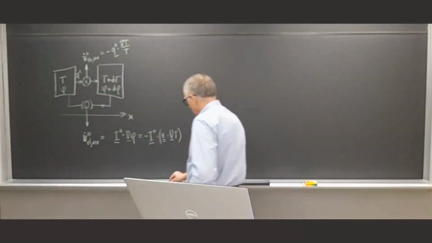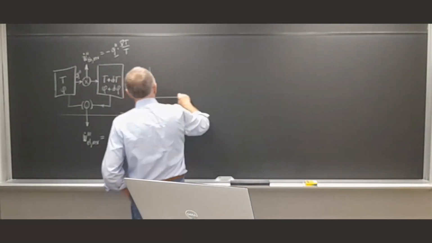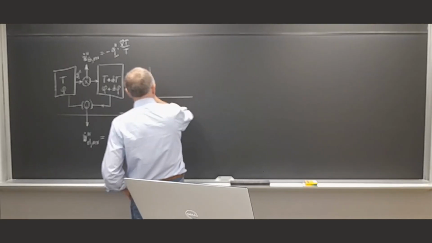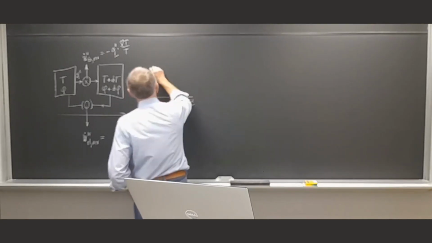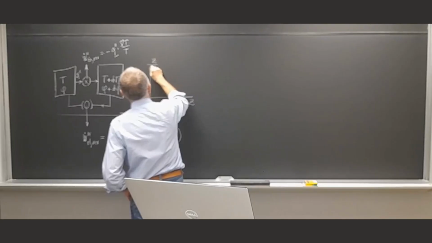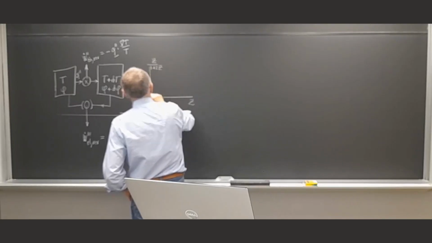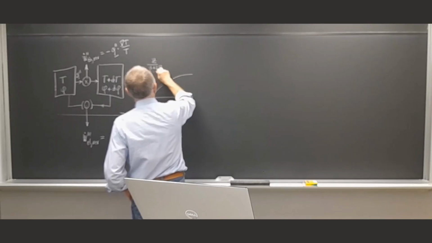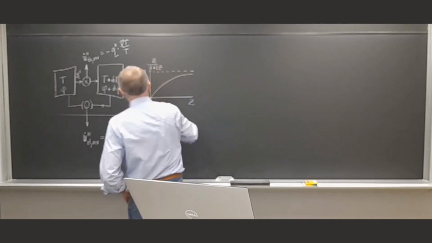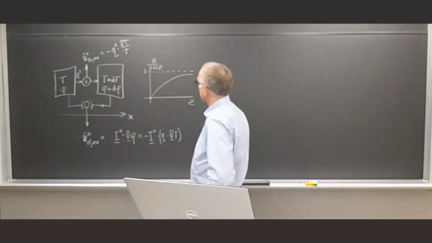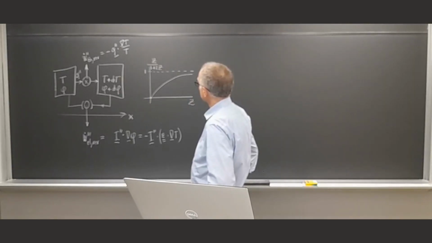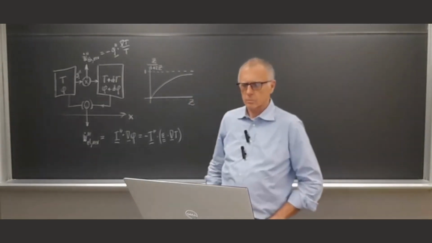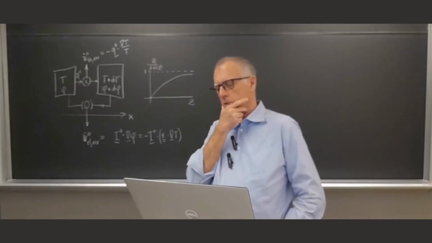And if you look at this function, Z divided by 1 plus 2z, well, it's a function that, of course, is 0 at 0. And then it goes up. And eventually, it could reach 1. Does it reach 1?